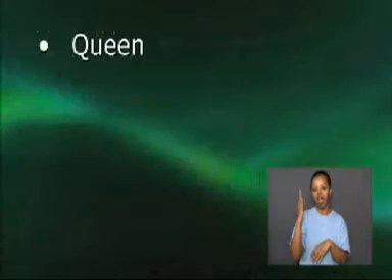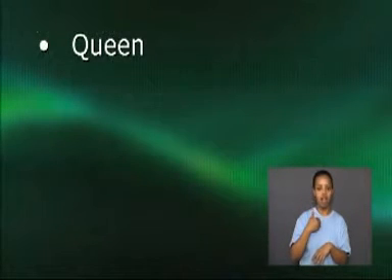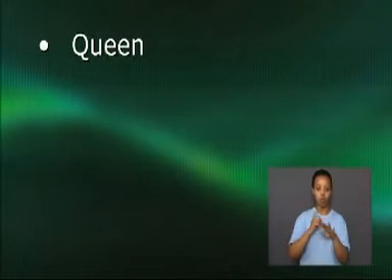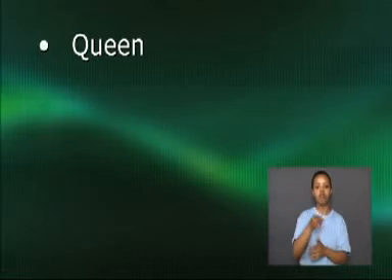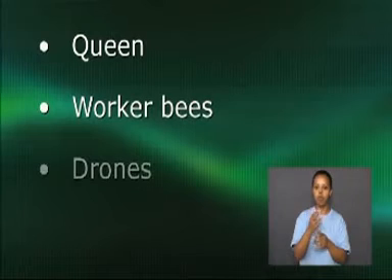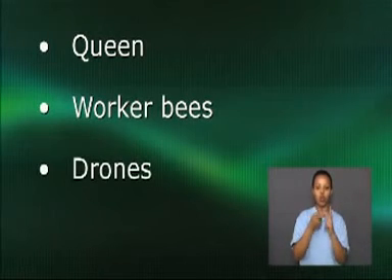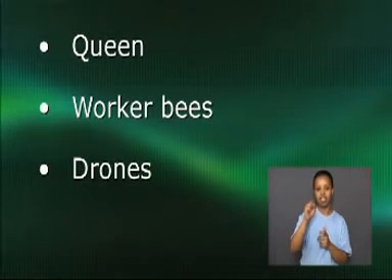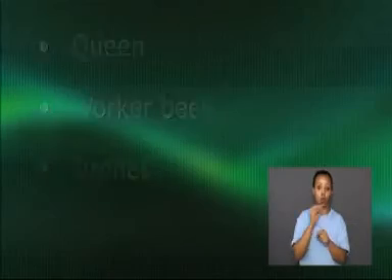Within a nest of bees, there are three types of bees: the queen, who is the only reproductively active female; worker bees, who are the non-reproductive females; and the drones, who are the reproductive and active males.